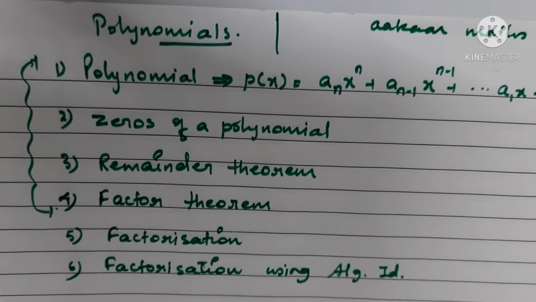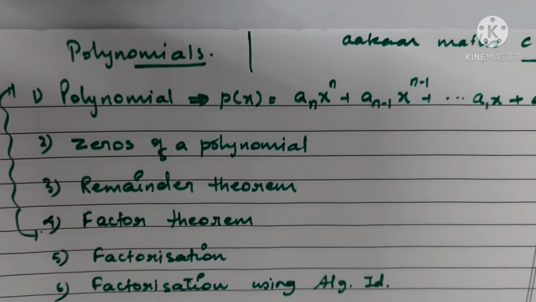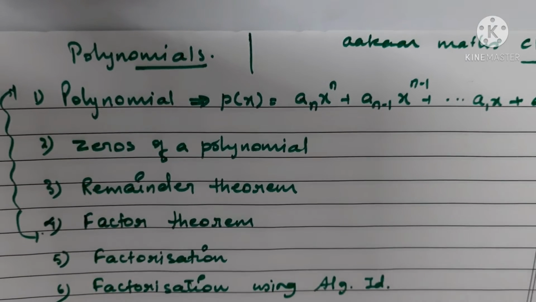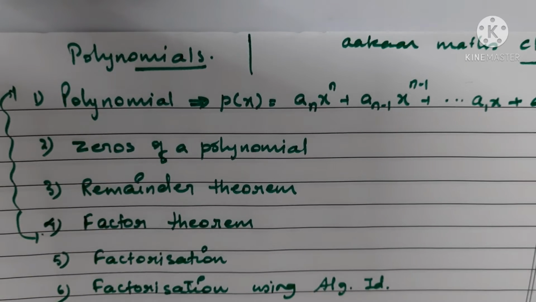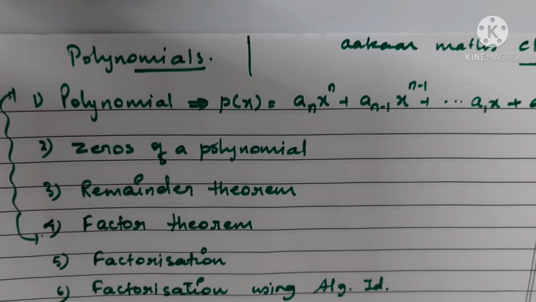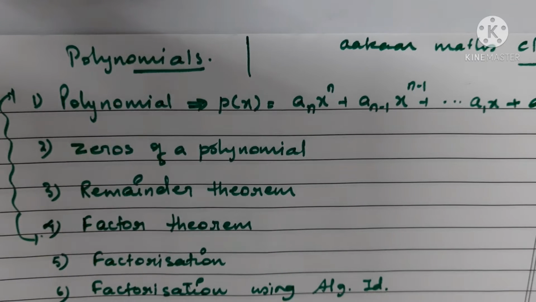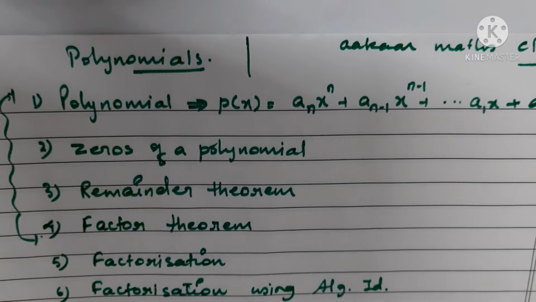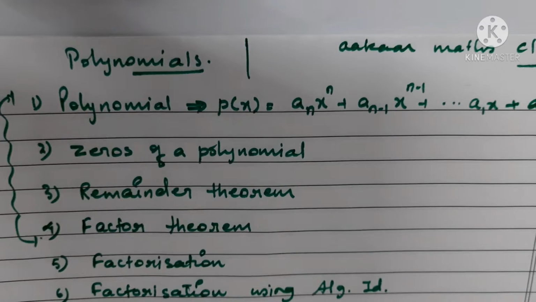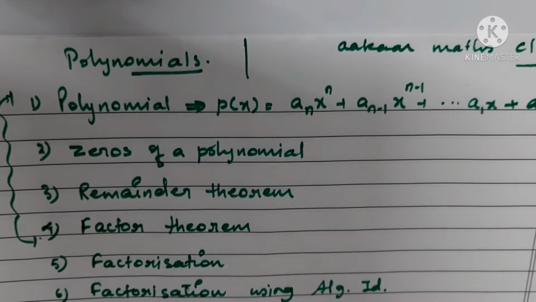We studied in our previous session that there are linear, quadratic, cubic, and biquadratic polynomials. A linear polynomial has degree 1, a quadratic polynomial has degree 2, and so the degree increases. The degree is the highest power of the variable in the expression.